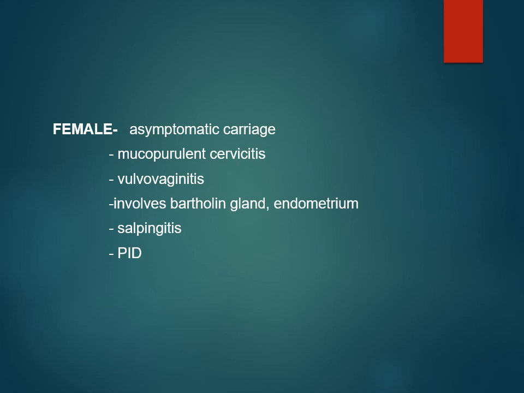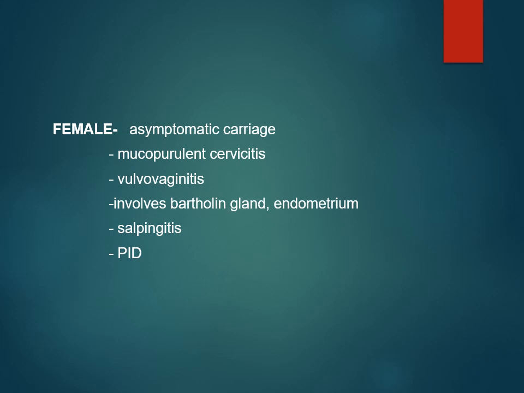What is salpingitis? That is infection of the fallopian tube. Along with that, there could be pelvic inflammatory disease, that is the whole of your pelvic tissue will get inflamed, and that is a very important cause of sterility, infertility.